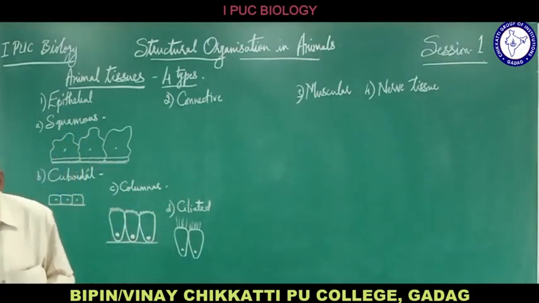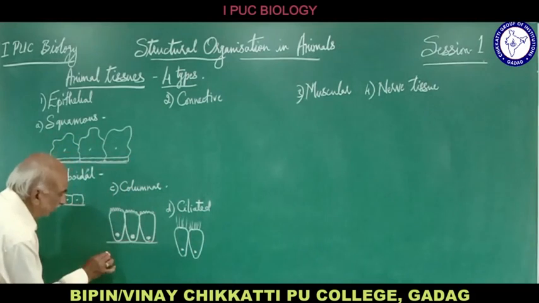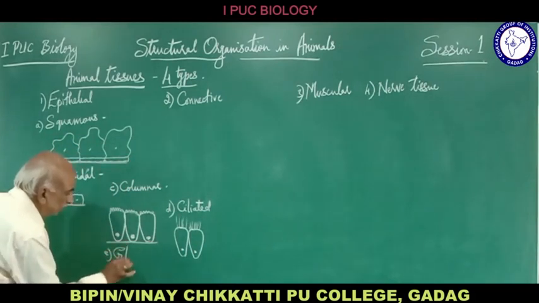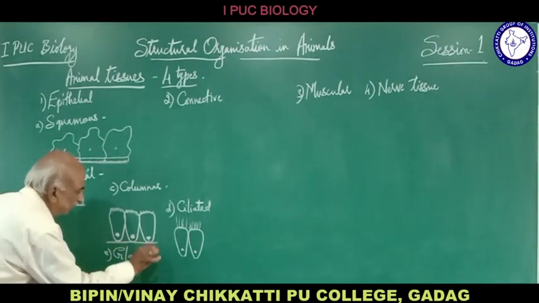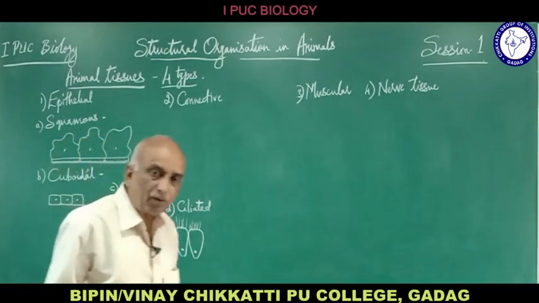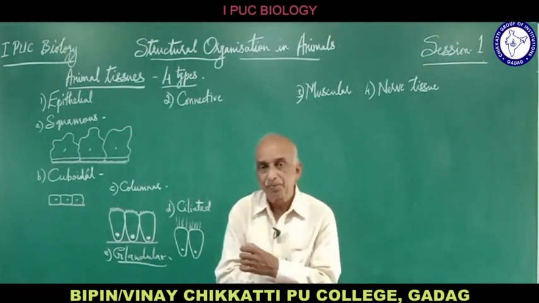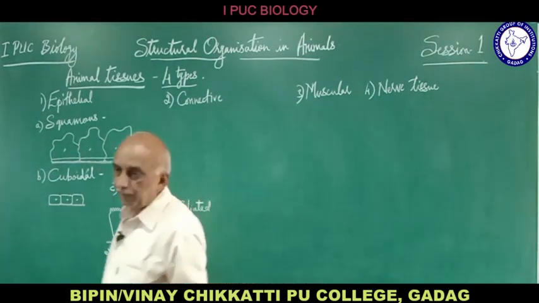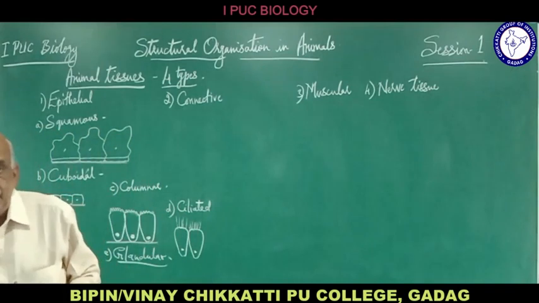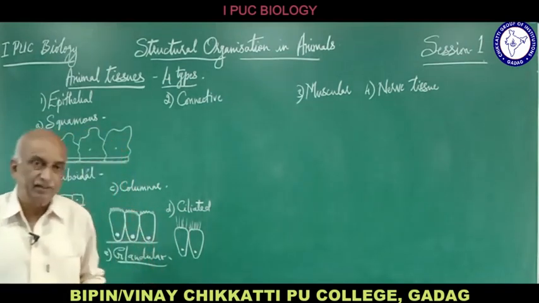Then there is another type of epithelium called glandular epithelium. This glandular epithelium is either cuboidal or columnar epithelium, modified for its function. A gland is a cell or cells which are specific for secretion.